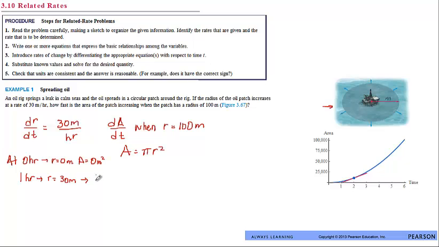And that implies that the area is going to be pi times 30 squared, or 900 pi meters squared. At hour 2, the radius is going to be 60.